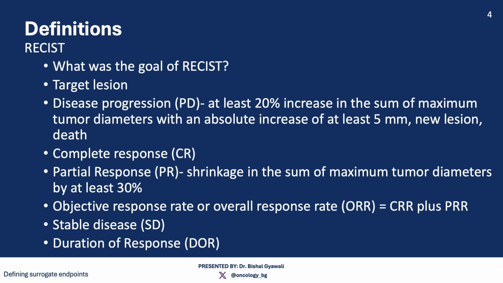Complete response, as the name indicates, is complete disappearance of all lesions. Partial response is shrinkage in the sum of maximum tumor diameters by at least 30%. And anything in between, that means the tumor size has decreased, but not by at least 30%, it has decreased by less than 30%, or the tumor size has increased, but by less than 20%, is called stable disease.